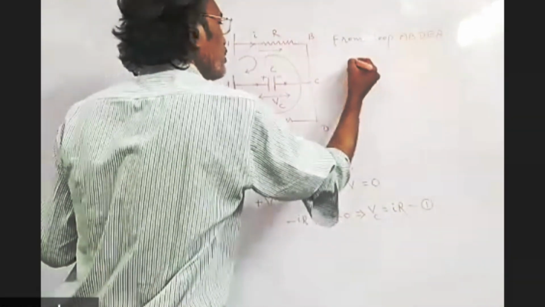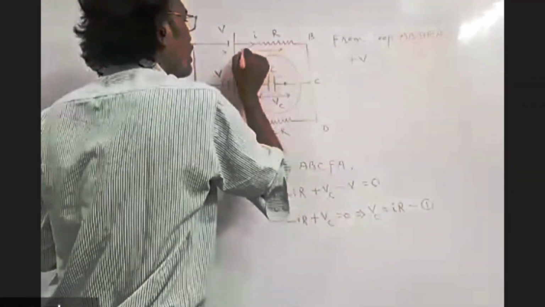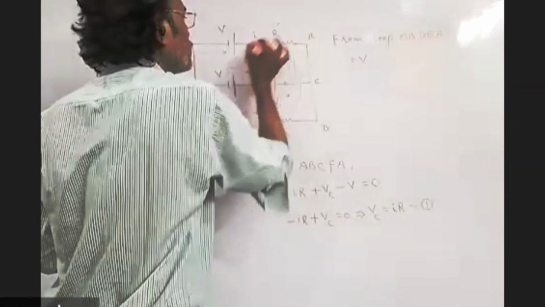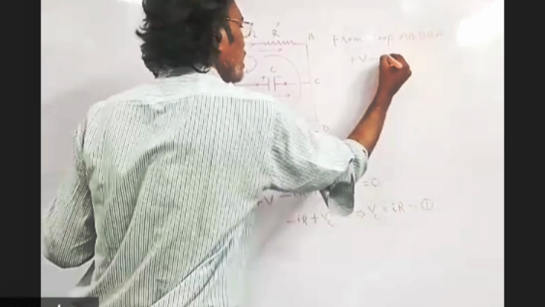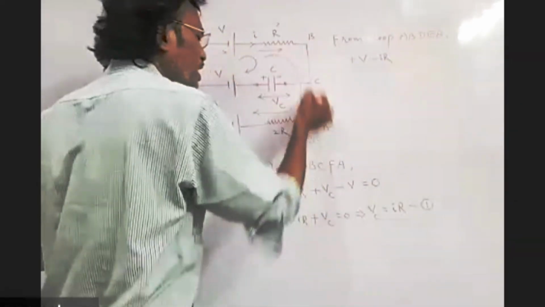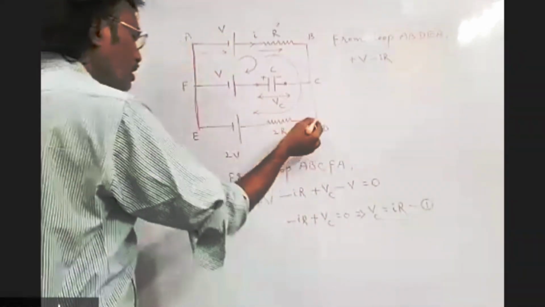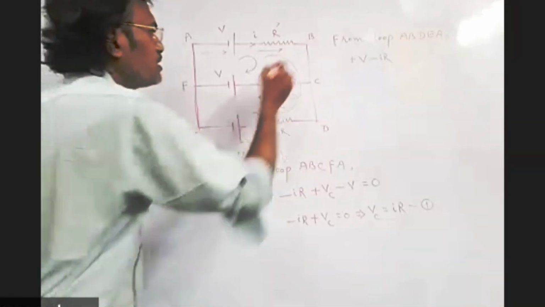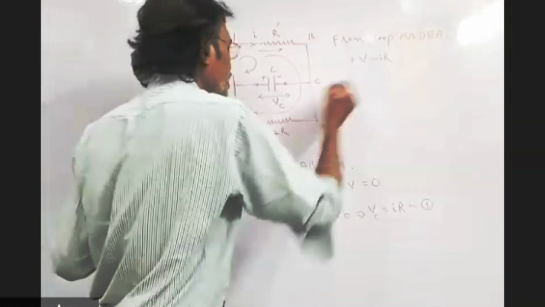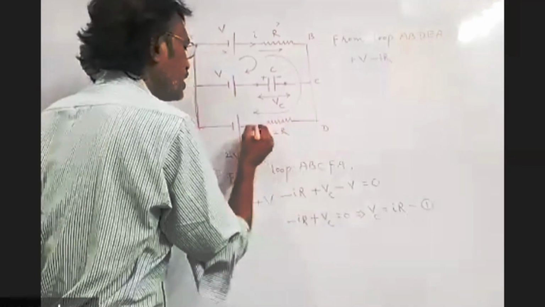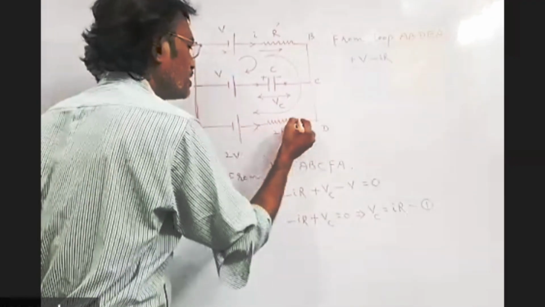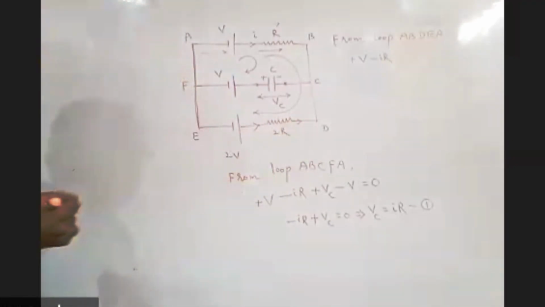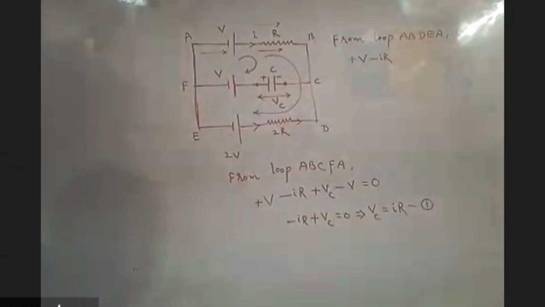AB, first AB, low to high, plus V. Same direction you are moving, current also in the same direction, minus IR. B to D, nothing is present. D to E. So here I consider the same IR. This is the negative to positive terminal, and current is moving like this.